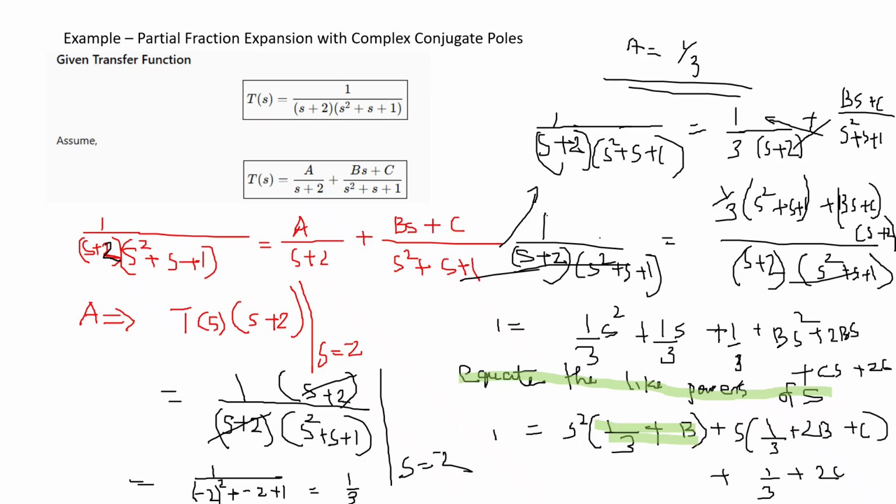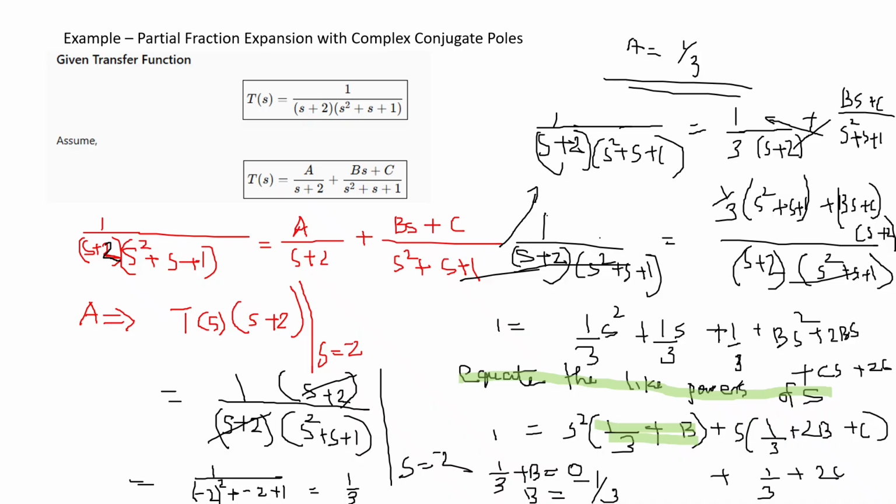So 1 by 3, you don't have anything with a square term here. So you can put 1 by 3 plus b is equal to 0. That means b is equal to minus 1 by 3.